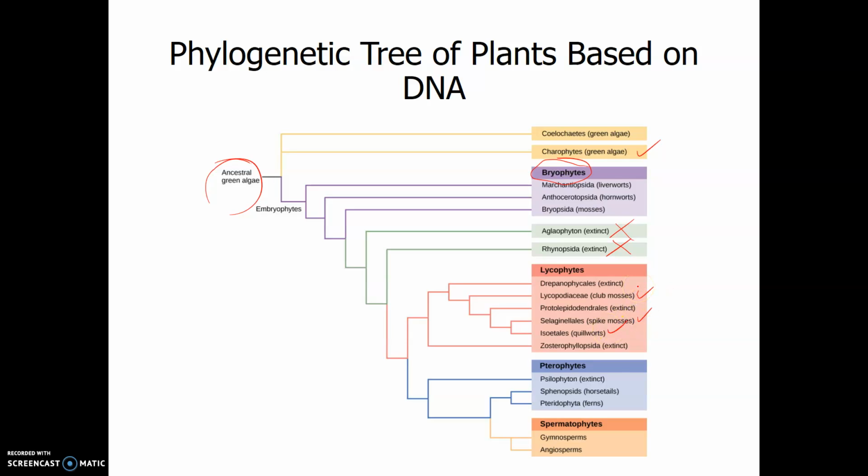And the pterophytes include the ferns and the horsetails and the whisk ferns. And then the spermatophytes include the gymnosperms and the angiosperms, which both produce seeds. So the lycophytes all the way through the spermatophytes are vascular. And then the spermatophytes are the only ones that produce seeds.